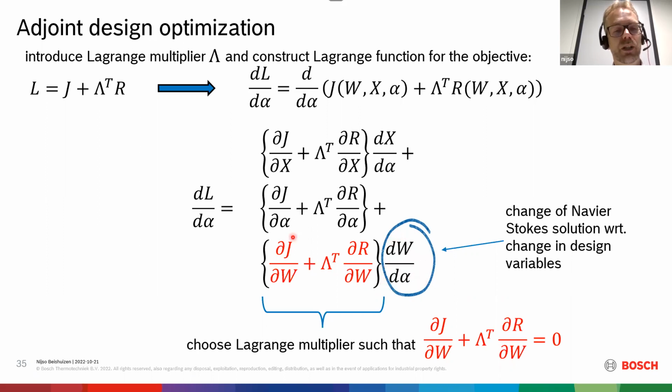However, it is pre-multiplied by this term here, containing this arbitrary Lagrange multiplier. So what we can do is we can simply solve this equation for the Lagrange multiplier, such that this equation is 0 and then this entire term drops out. And this equation is called the adjoint equation.